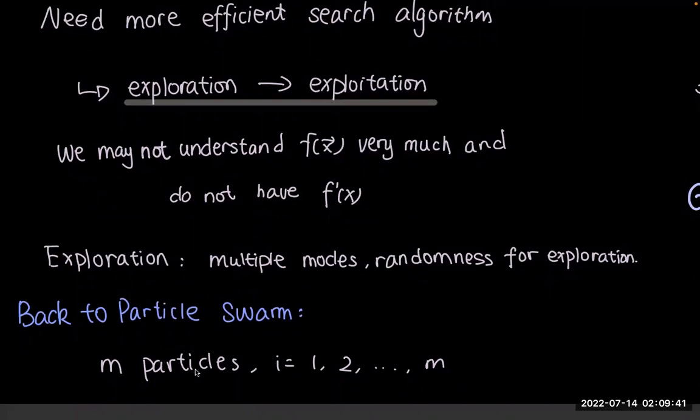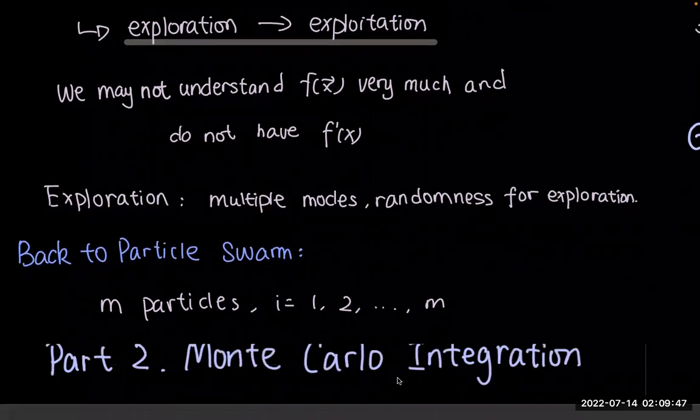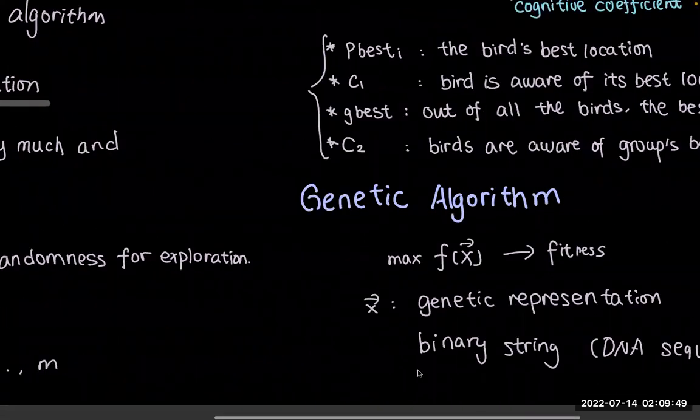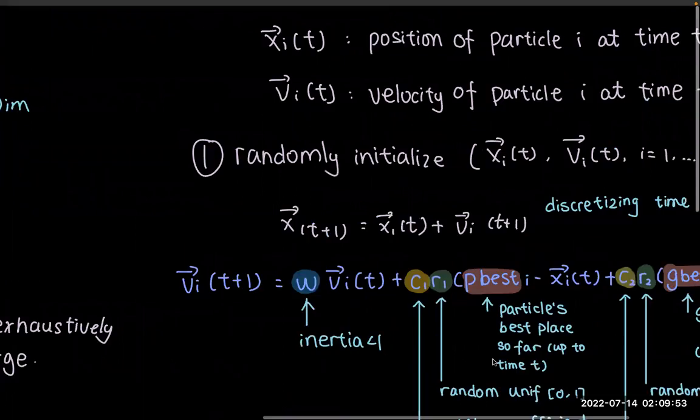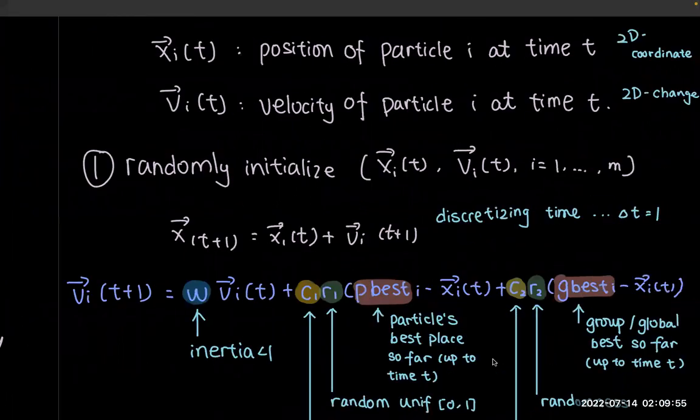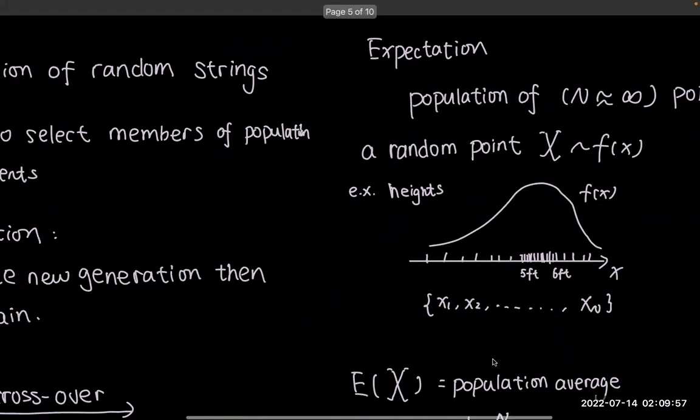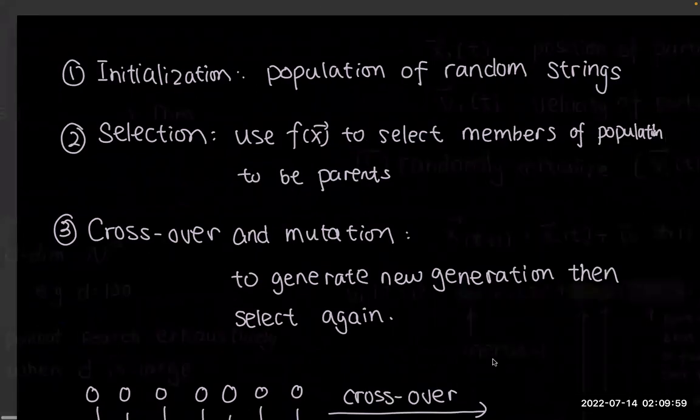So suppose we have m particles and we number them as i from 1 to m. So those are the particles, and then just like m birds, those m birds start to search. We need two quantities for each particle.